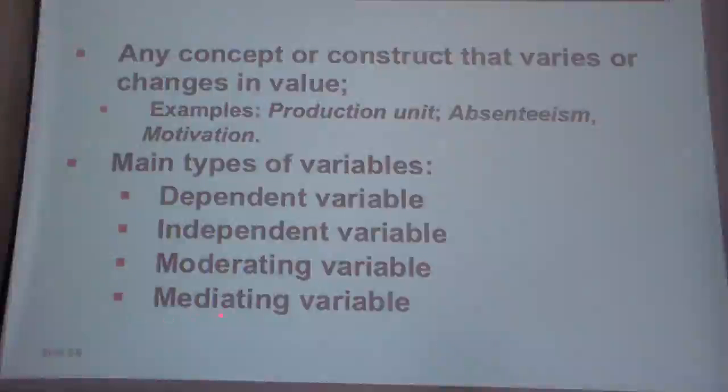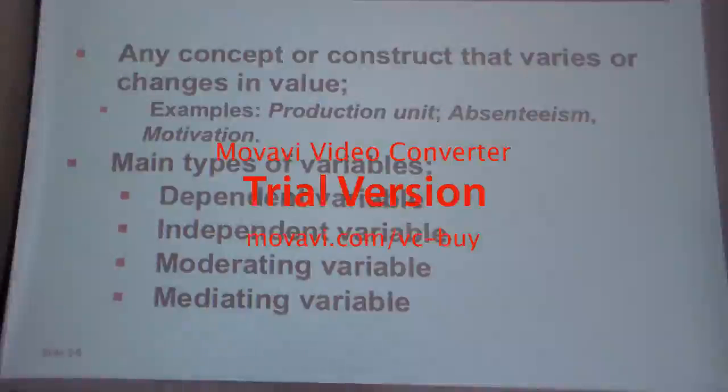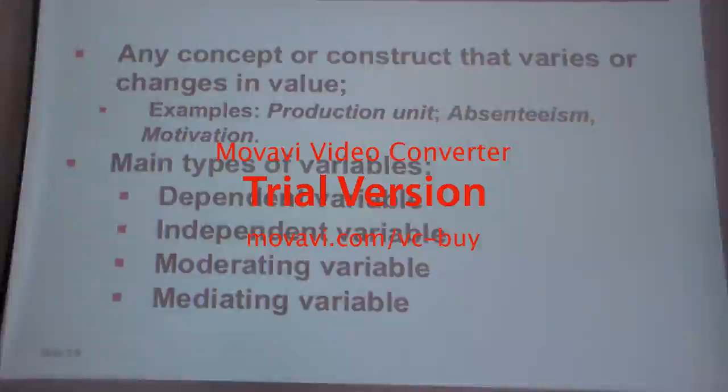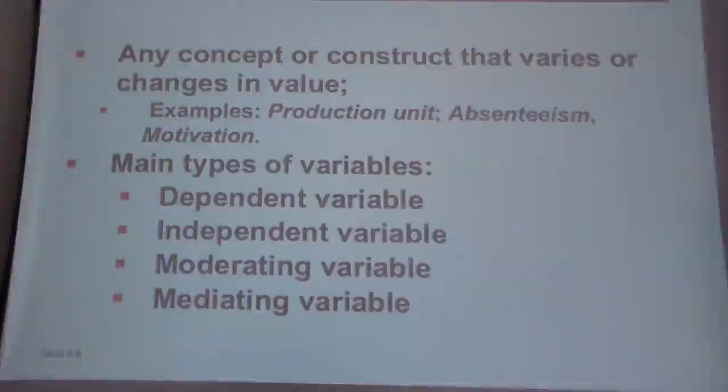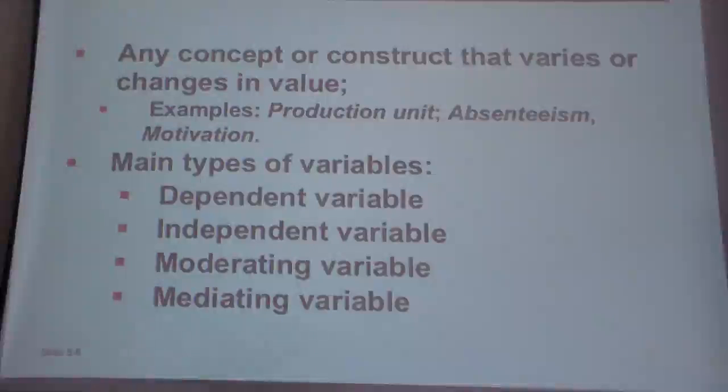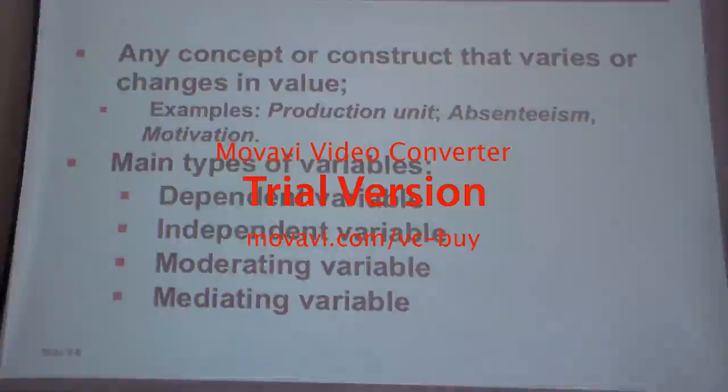Moderating variable, mediating variable. Do you understand the meaning of all these words? Depending means I depend on something. Independent means it doesn't depend. Something else depends on him or her, but he or she is not depending on something. Moderating means, we will see after that what we mean by moderating and mediating.